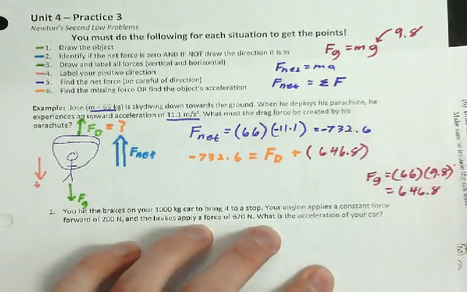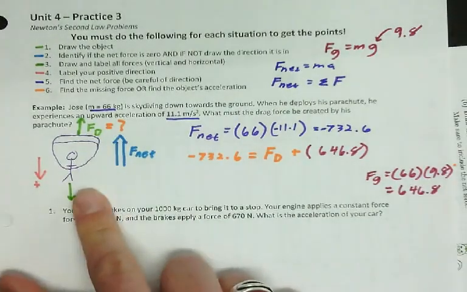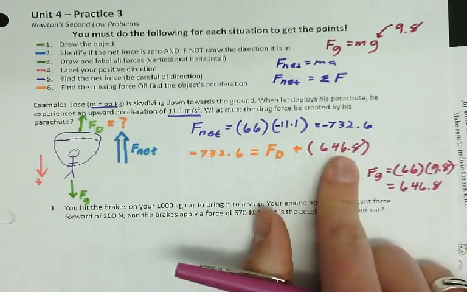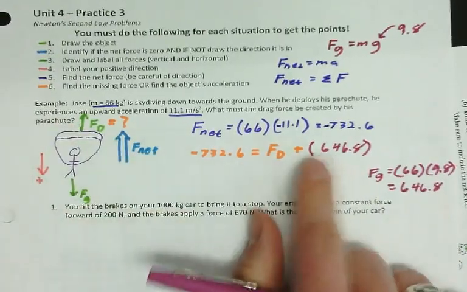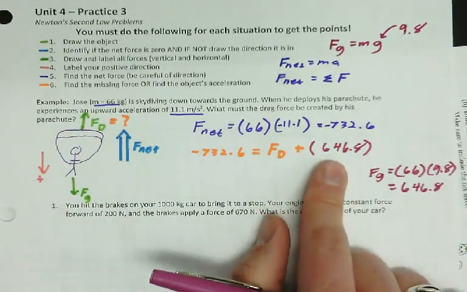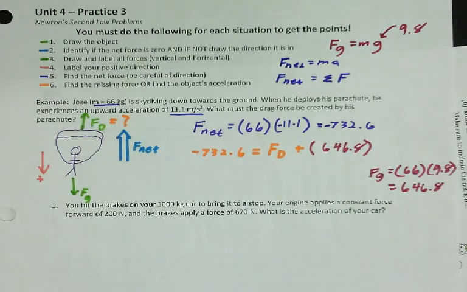Again, be careful about directions. I called down positive, which means this is a positive 646.8. If you called up positive, this needs to be a negative 646.8, because it's in the opposite direction. So that's why this would be a negative 646.8.